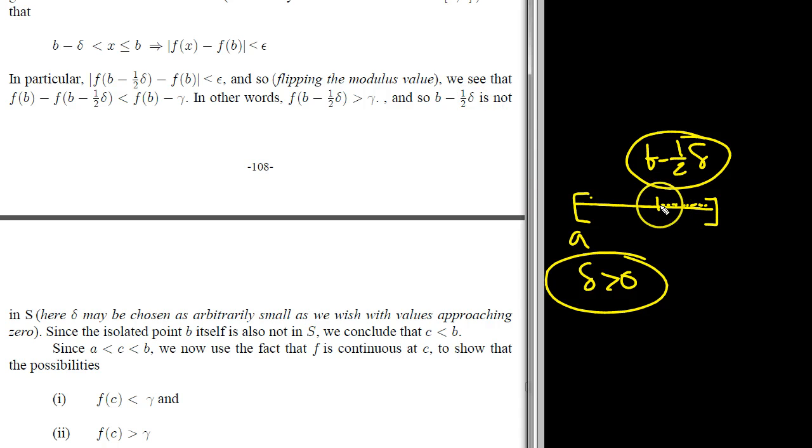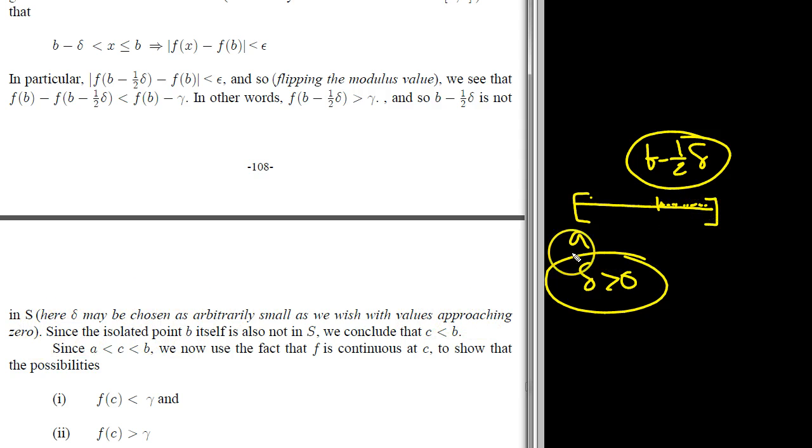And so none of these points belong to S: if this one doesn't belong to S, then we can infer straight away by the epsilon delta definition that any smaller delta will also be sufficient, and so this similarly will be bigger than gamma. So all of these, for any delta greater than 0 that's less than this particular delta, are not in S.